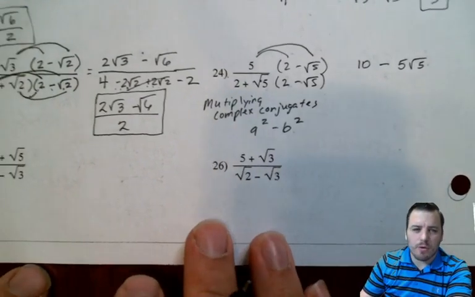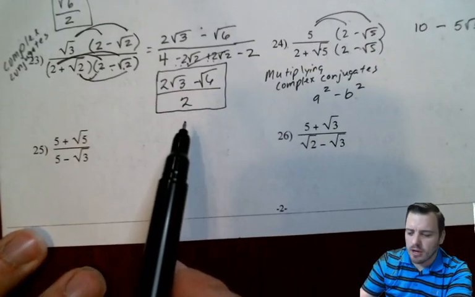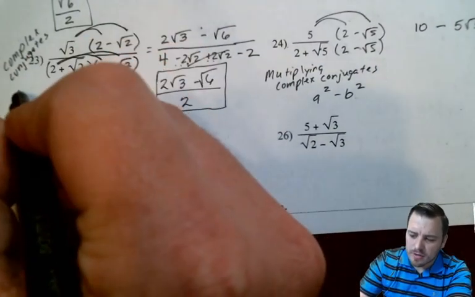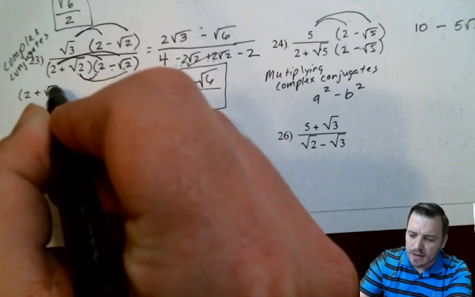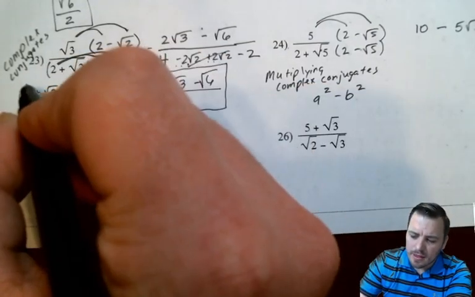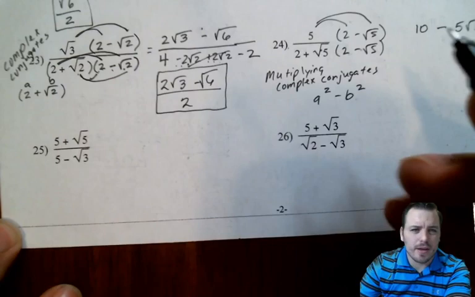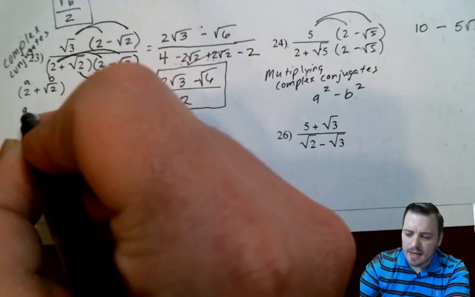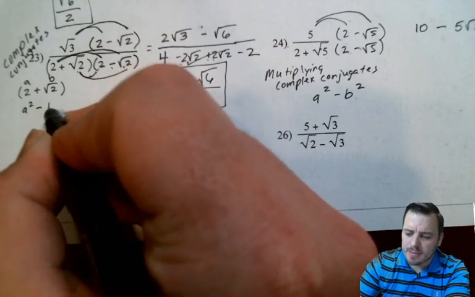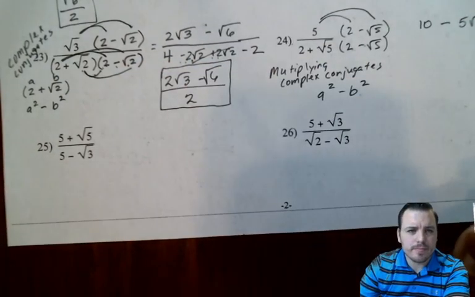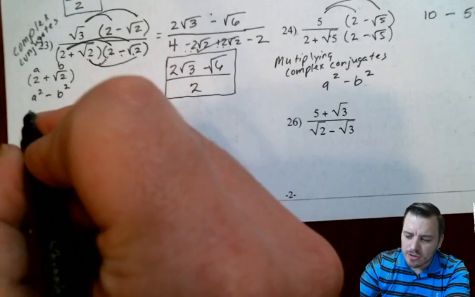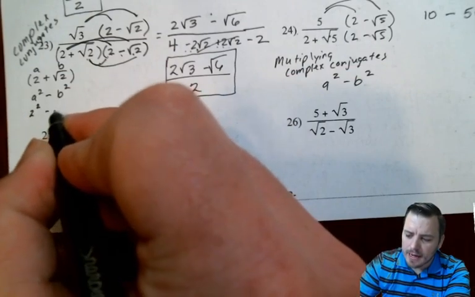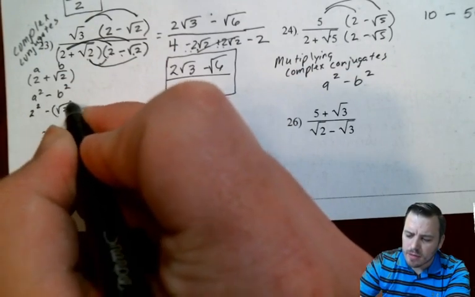Now, before we do this one, let's come back over to this one. We know the answer here is 2. So if I'm looking at 2 plus radical 2, okay, this is a, this is b. And I say a squared minus b squared. So that would be 2 squared minus radical 2 squared.